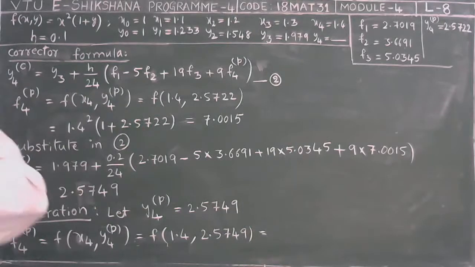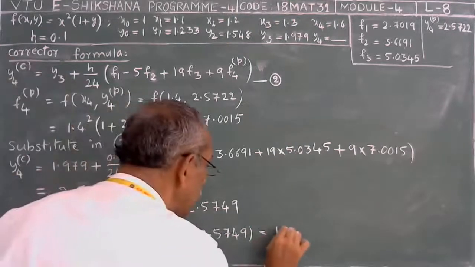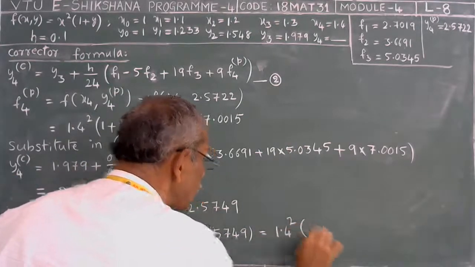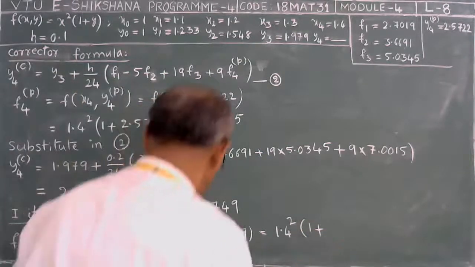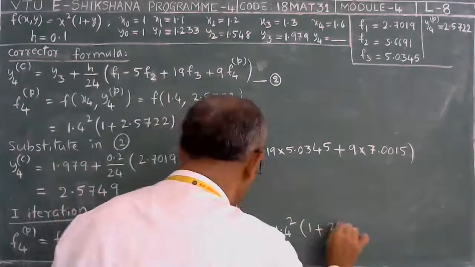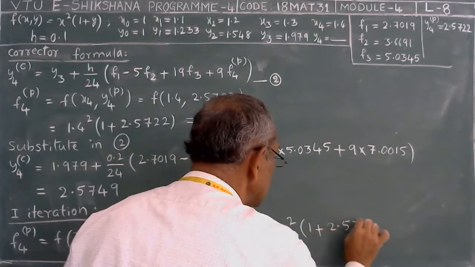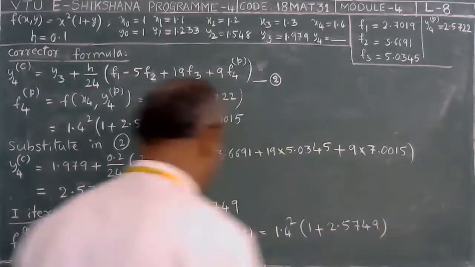By definition, this is 1.4 squared into 1 plus y, that is 2.5749.